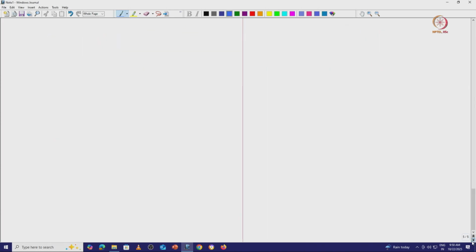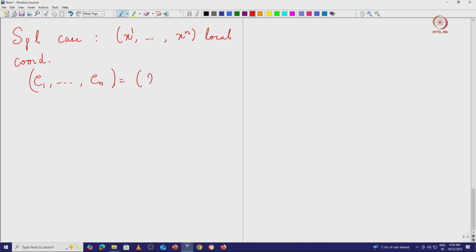All right. So a special case is of course when you have local coordinates. So x1 up to xn are local coordinates, and then you can take E1 up to En to be the standard basis del 1 up to del n, and of course then the dual basis will look like dx1 up to dxn.